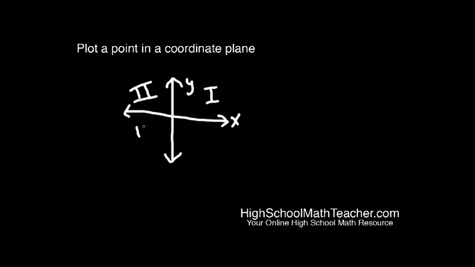Moving right around, we get to quadrant 3, and last but not least, quadrant 4. Alright, so now that we've got our 4 quadrants in which we'll draw our coordinates, we can go ahead and take a look at some problems.